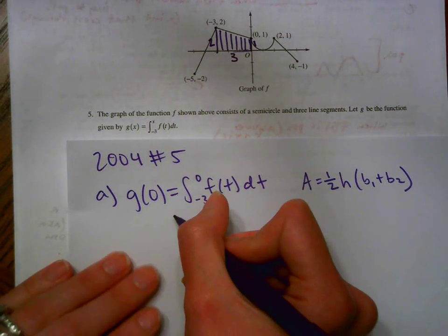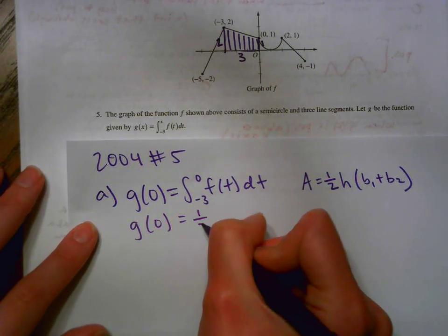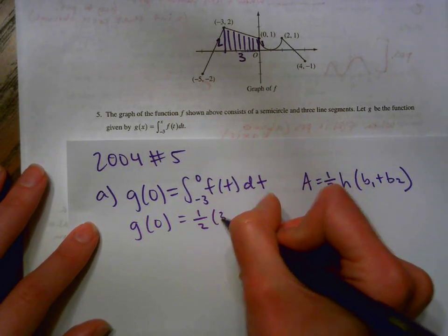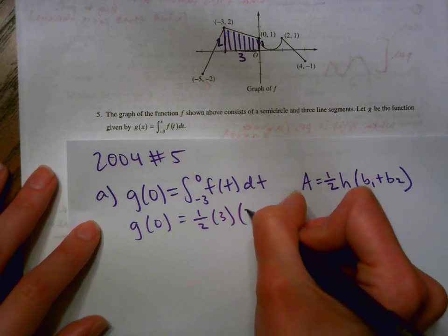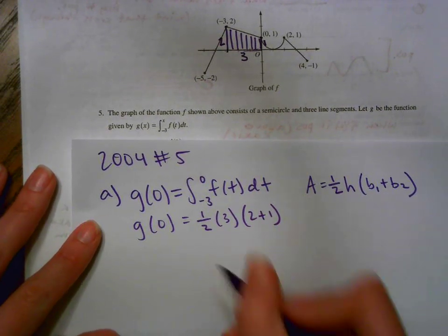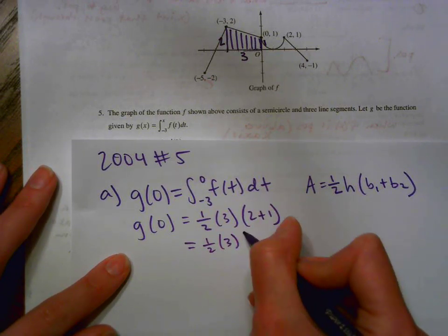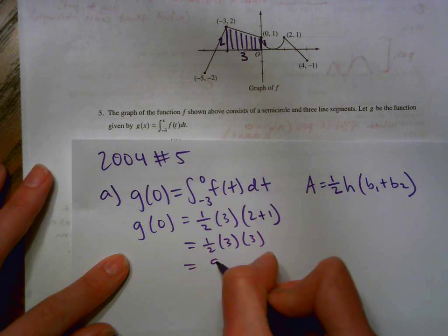And we would plug that in. So this g of 0 is going to equal 1/2 times the height, which is 3, times the bases added together, 2 plus 1. And if you evaluate that, it'd be 1/2 times 3 times 3, so 9/2.